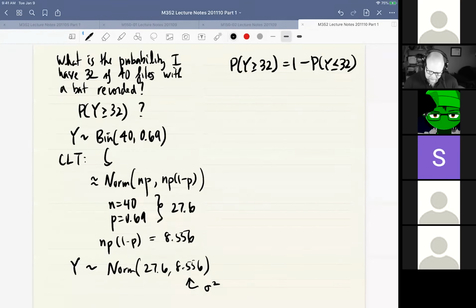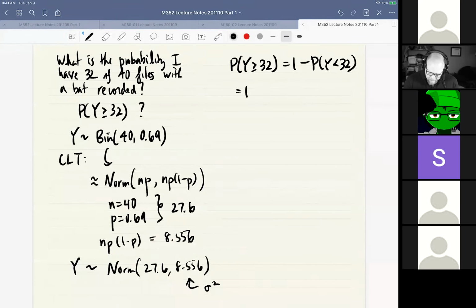And I guess if we want to be technical, if it's truly a complement, we should get rid of that. And this is important because this is what R calculates.